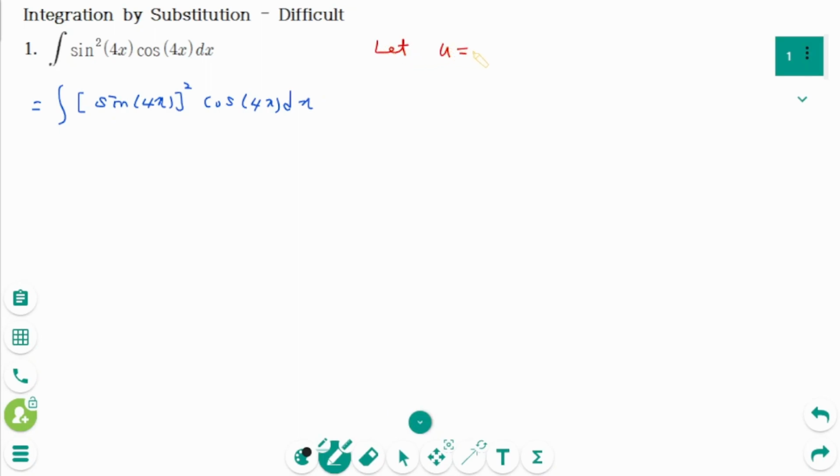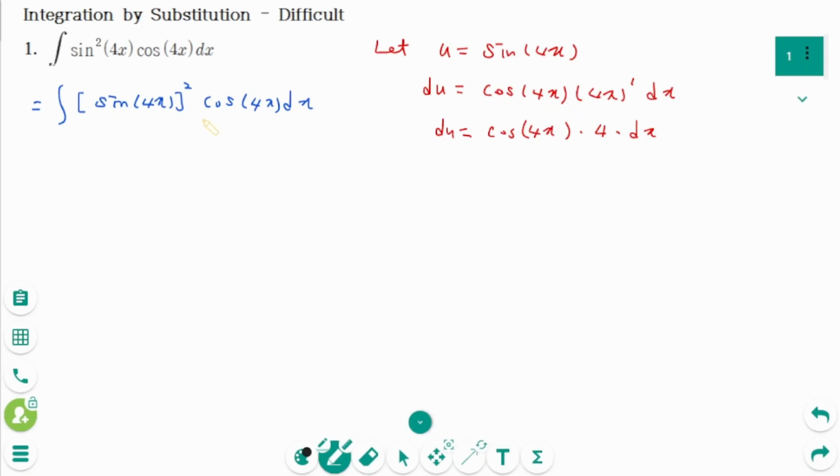Let u equals sine 4x, derive: du equals cosine 4x times 4x prime dx, so du equals cosine 4x times 4 dx.